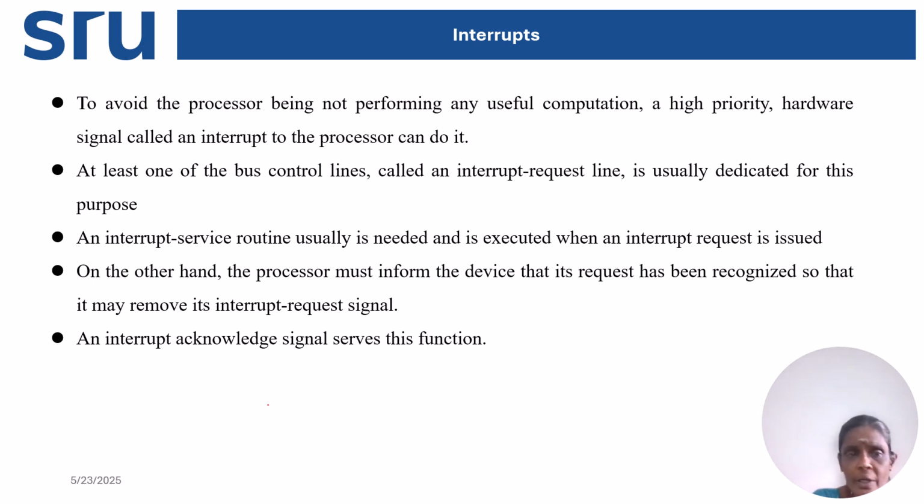So at least one of the bus control lines, called the interrupt request line, is usually dedicated for this purpose. A bus control line is a conducting line through which we send the signal.